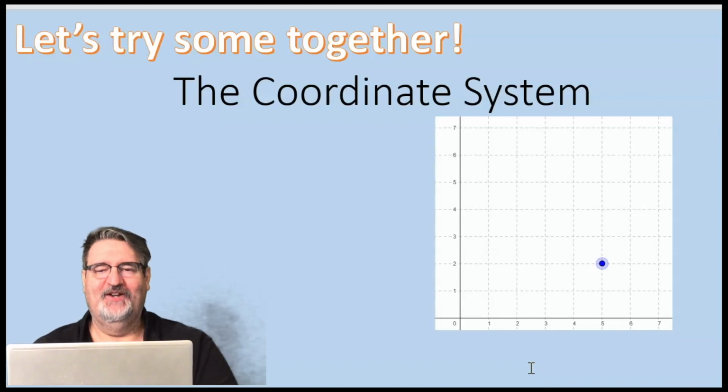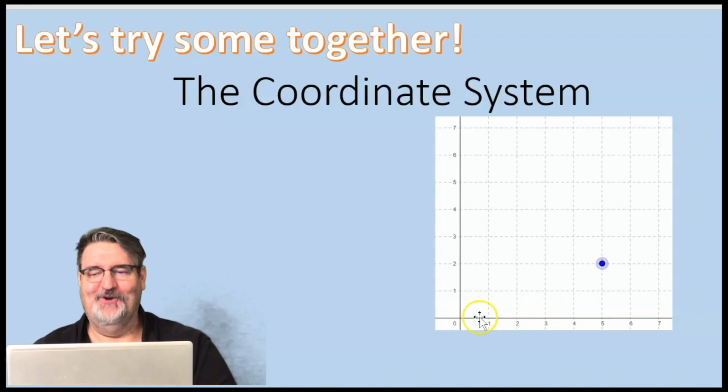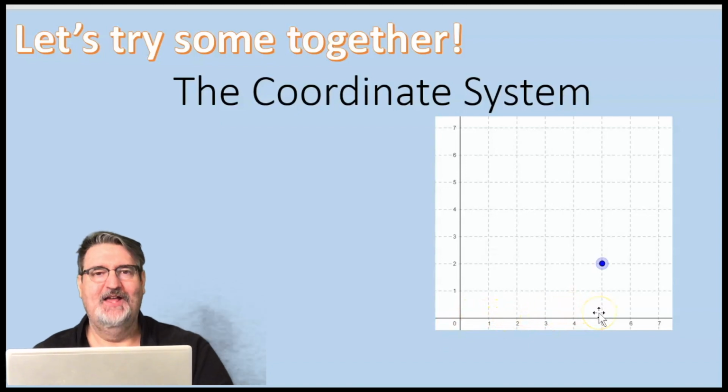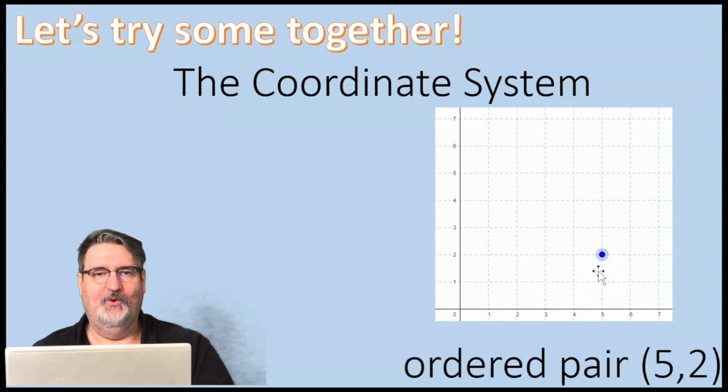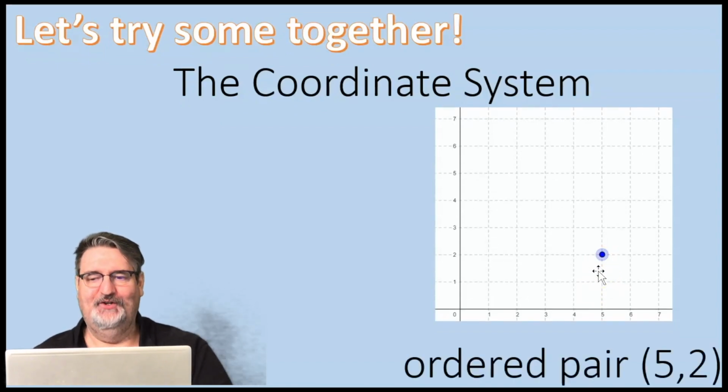So on this coordinate, on this quadrant right here, we have this point that's been placed right here. And when we look at that, which direction do we go first? Yes, to the right. And we're going to go 1, 2, 3, 4, 5. Then we go up 1, 2. And when you put that together, we have the ordered pair of 5, 2.